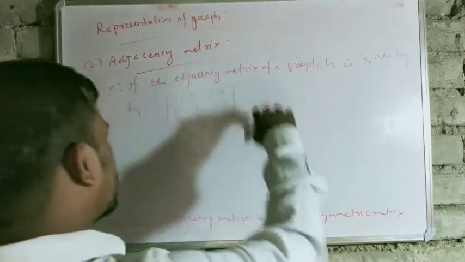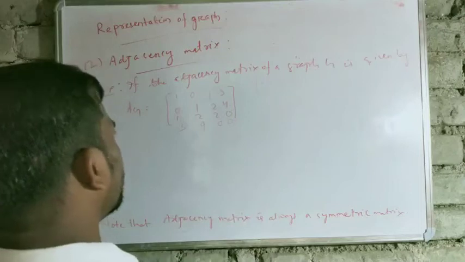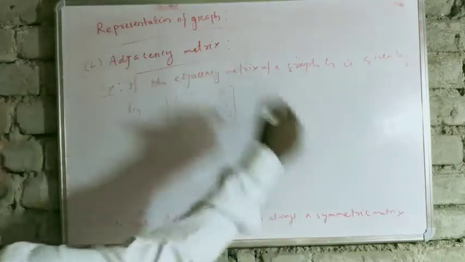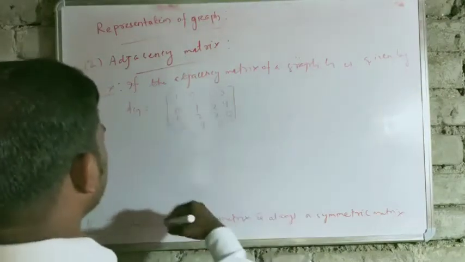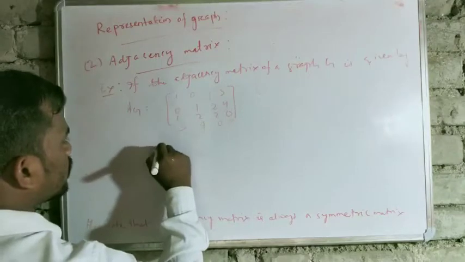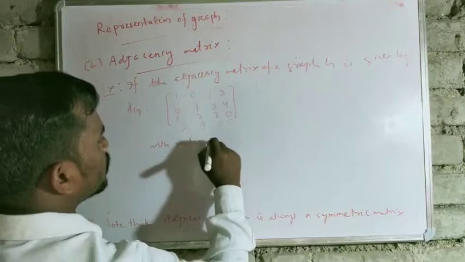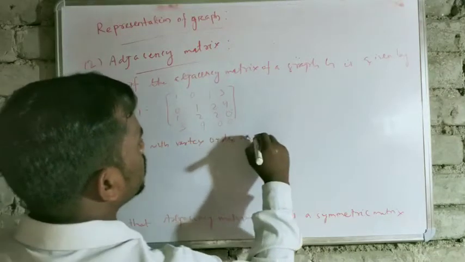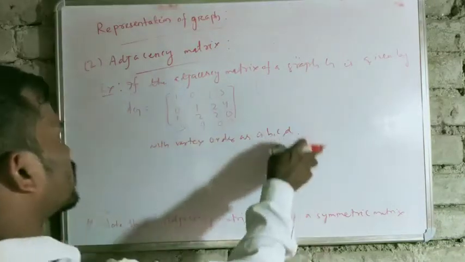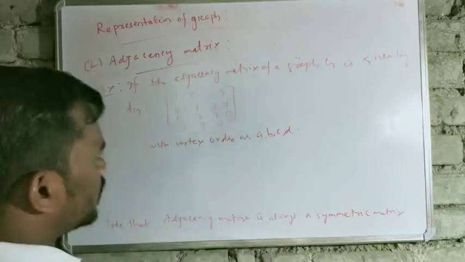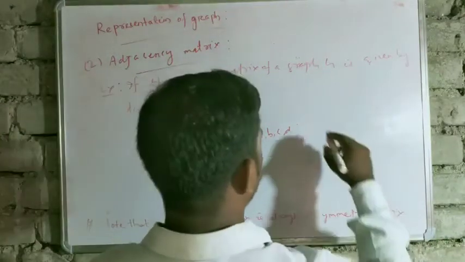So now this is an example of an adjacency matrix. Now you will find its corresponding graph. If the adjacency matrix of a graph G is given by this one with vertex order A, B, C, D, and this is your matrix, then how will we find the corresponding graph, or how will we draw the corresponding graph?